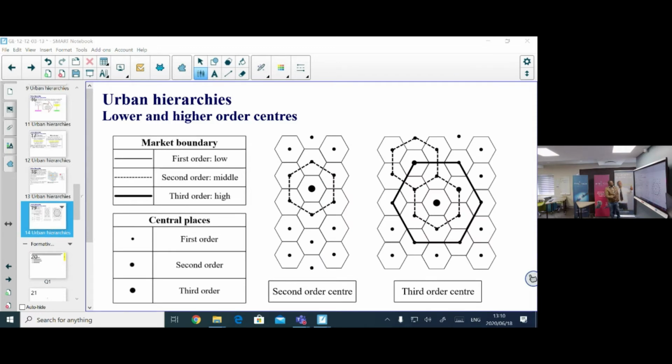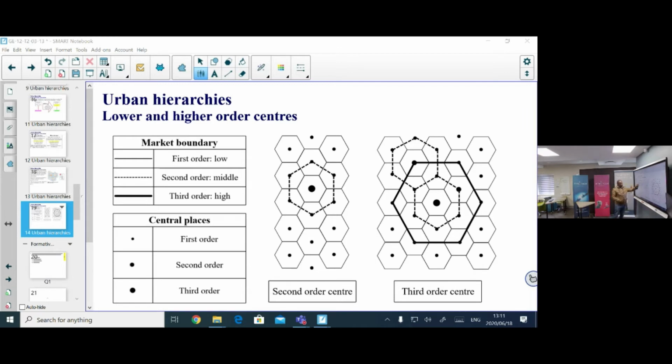Then we are now looking at the lower order and higher order centers and how they relate to each other. This is the second order center, as you can see, then the third order center here. You find that the third order center has a larger sphere of influence, whereas the second order has a smaller sphere of influence.